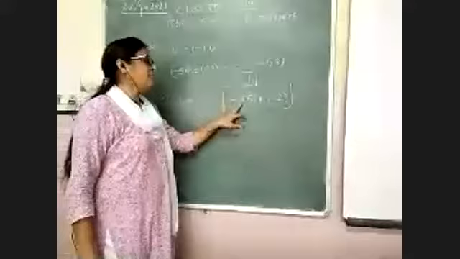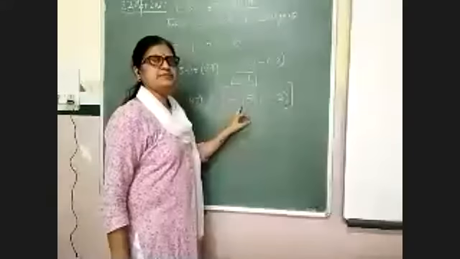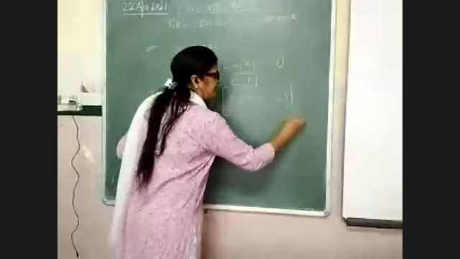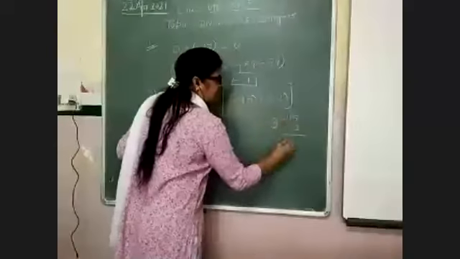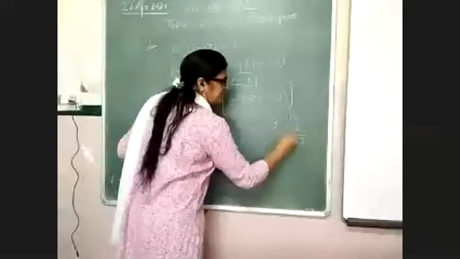Now add minus 45 with minus 2. If you add minus 45 with minus 2, then the sign is minus and the integers are added.